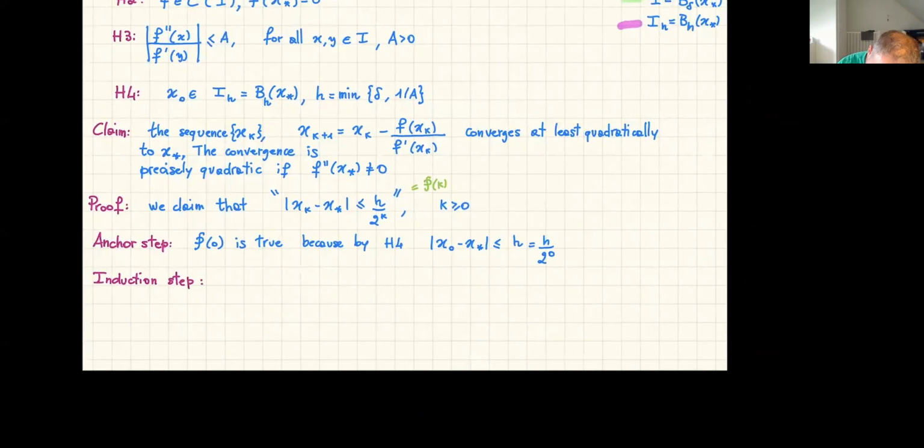So we're going to assume that pk is true, and we're going to show that this implies pk plus 1.